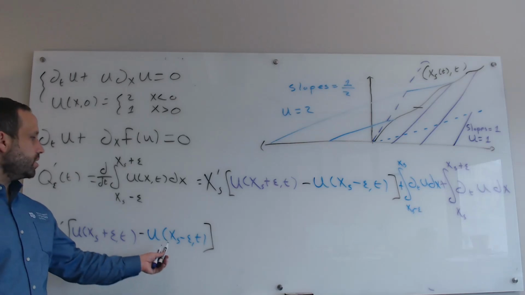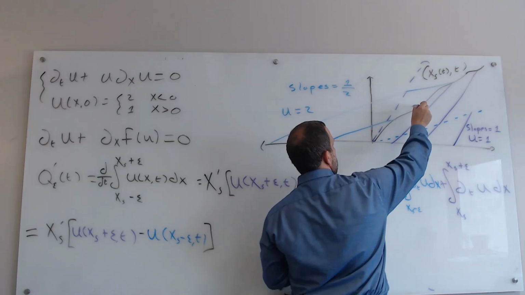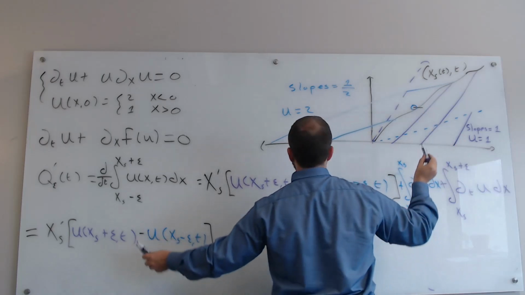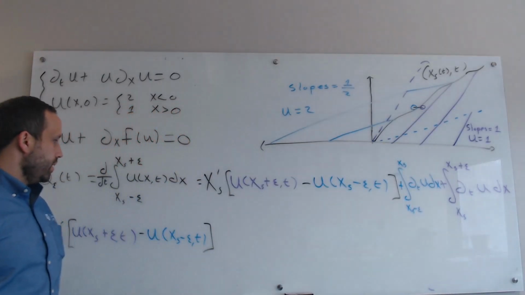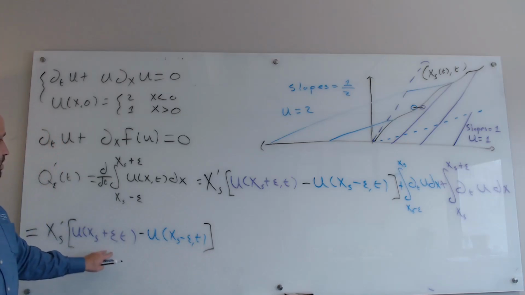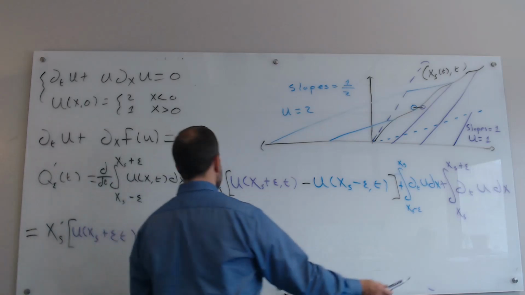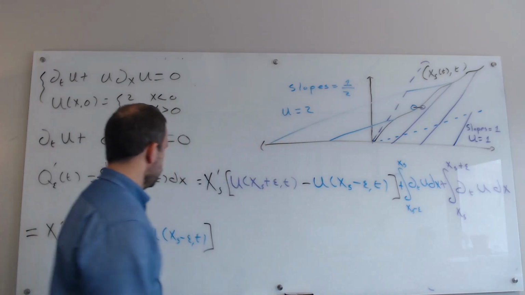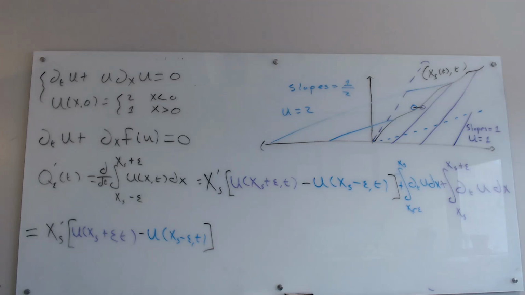U of xs minus epsilon, I'm looking at u to the left-hand side of the shock, so I'm evaluating u at that point. And u of xs plus epsilon, I'm evaluating u at that point. So u of xs plus epsilon minus u of xs minus epsilon is just the value of u here minus the value of u there. The color coding is consistent with what I have up there as well.